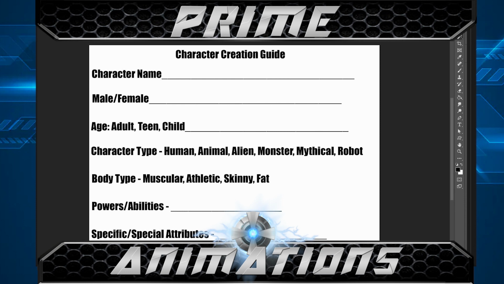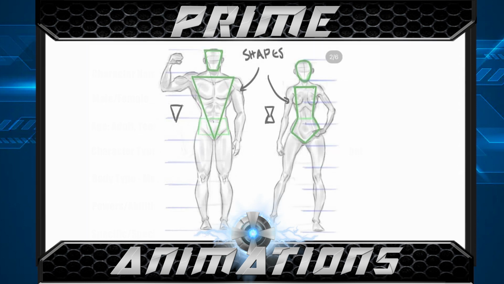Why is that important? Because it helps determine what the body structure is going to be. When we talk about anatomy, the male body is very different than the female body. The male body tends to be broader at the shoulder and taller, statistically speaking. On average, men are taller than women, and women seem to have wider hips.